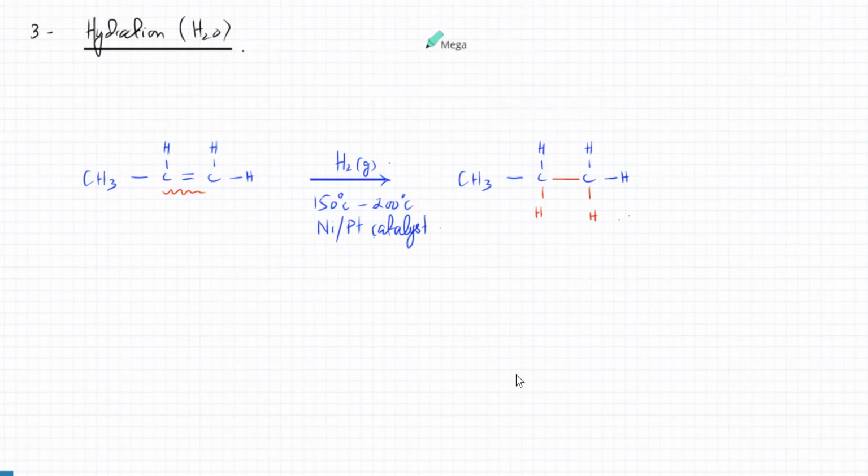What will happen now is the conditions are definitely going to be different. You'll have water in the form of steam because you use a higher temperature for this. The reaction happens at 300 degrees centigrade temperature and 60 atmosphere pressure, and you've got an acid catalyst, phosphoric acid, which is your catalyst.